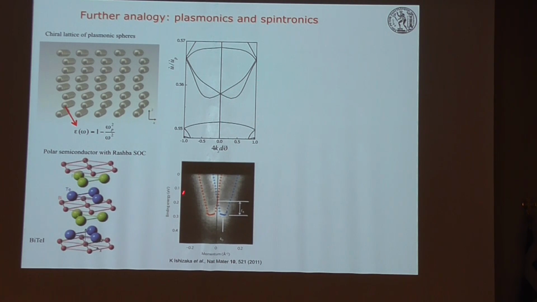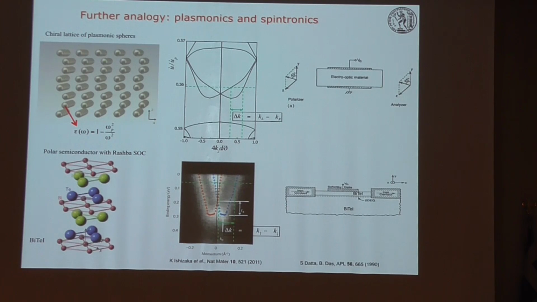This is the typical energy band structure for the electrons, which resembles the photonic counterpart for a chiral lattice of plasmonic spheres, and we have this difference here in the delta k in the wave vector, which can implement similar devices for electrons and photons.